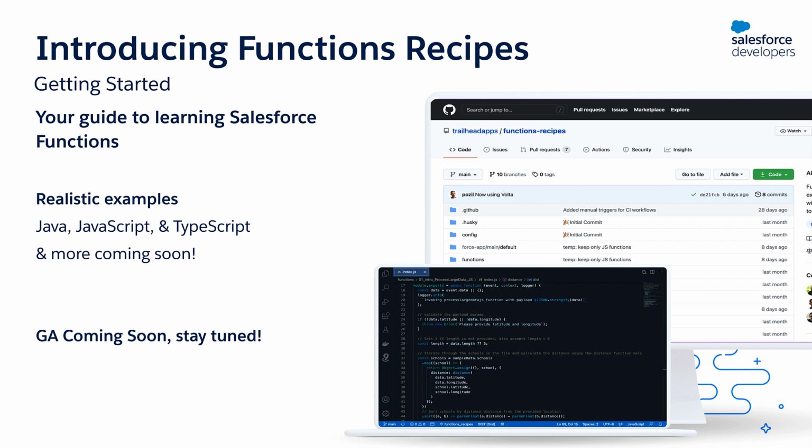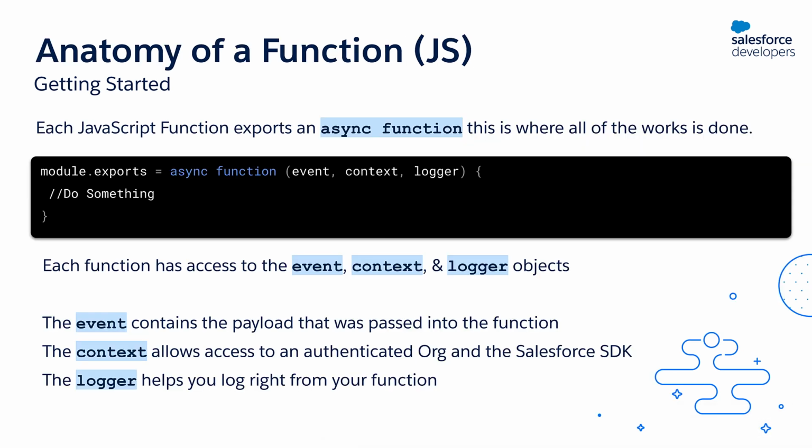And we, the developer advocates, are going to continue adding more examples to this project. So initially, we are going to be delivering experience to build functions in Node.js using JavaScript and TypeScript and in Java. So let's take a look at the anatomy of a function in JavaScript.